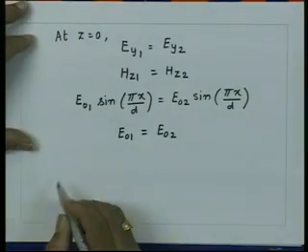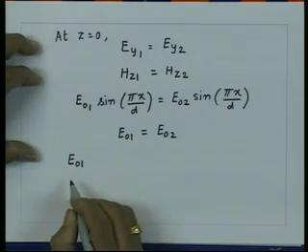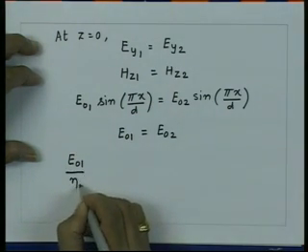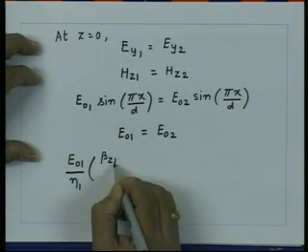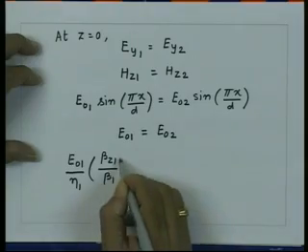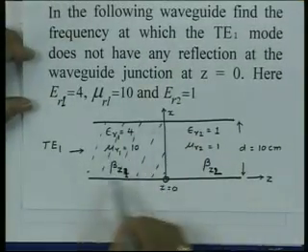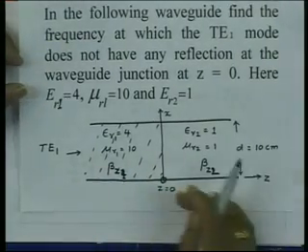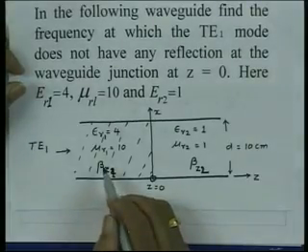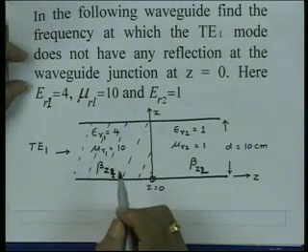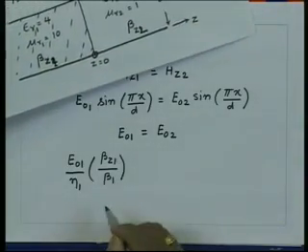For the z component, we know this is E01 upon eta 1 times beta z1 upon beta 1 times sine of pi x by d, where beta 1 is the phase constant in the medium filling this waveguide for z less than 0. If I take a medium of infinite extent whose dielectric constant is 4 and relative permeability is 10, then beta 1 will be the phase constant of a uniform plane wave in that medium.